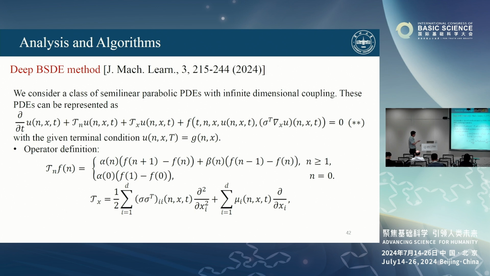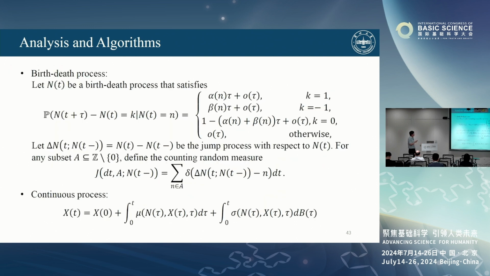The discrete operator is defined in this way. Then this is a diffusion operator, a continuous operator. For the birth-death process, N_t is the birth-death process, which is defined physically in this way.